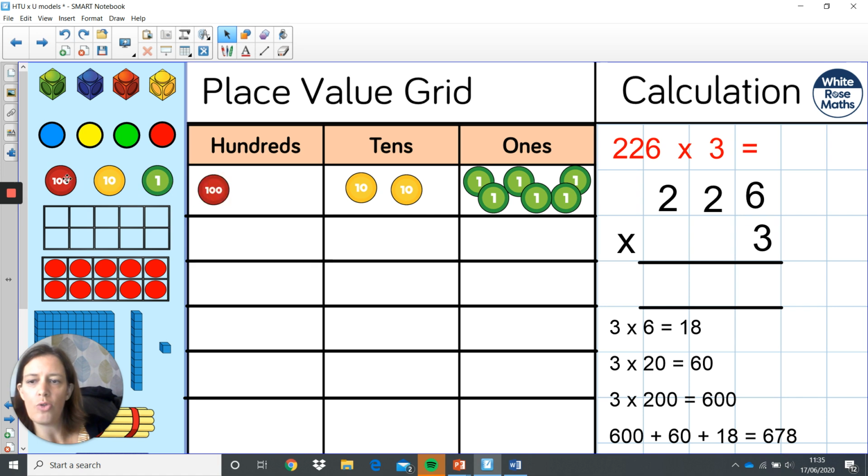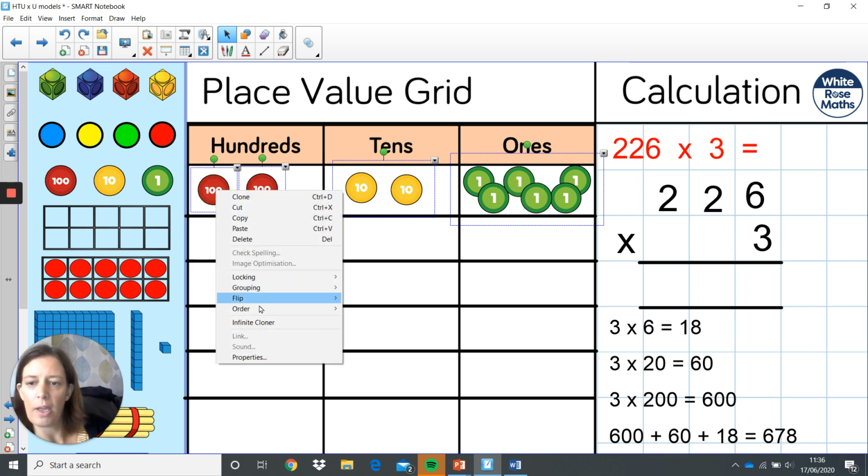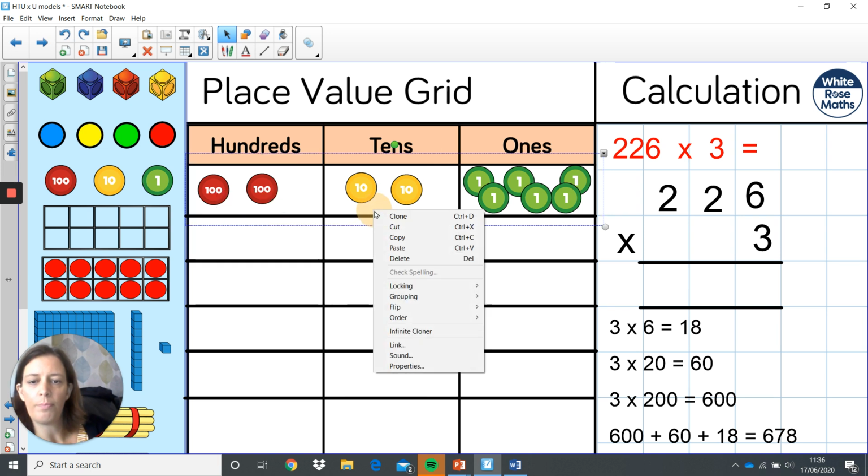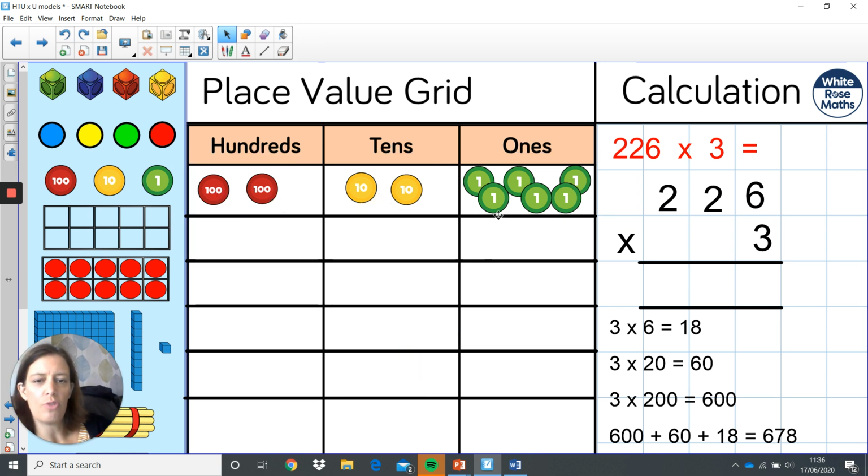So I need 226 and I want it 3 times. I'm just going to group these together so it makes it a little bit quicker for me to move them. Okay, 226 3 times.